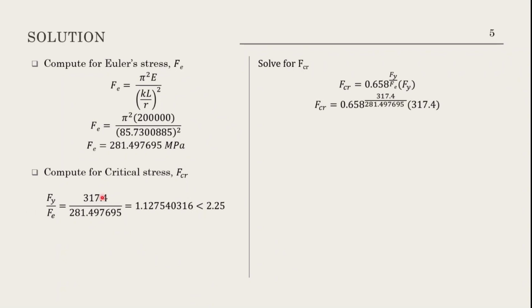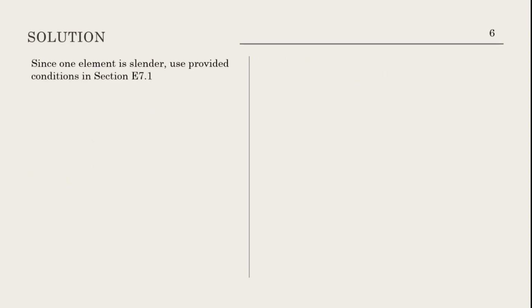We just substituted our Fy over Fe in this one. Then we multiply by Fy. So therefore, the corresponding FCR is 197.992.